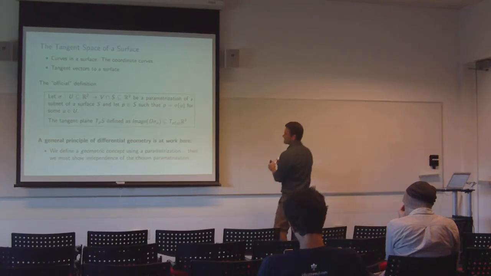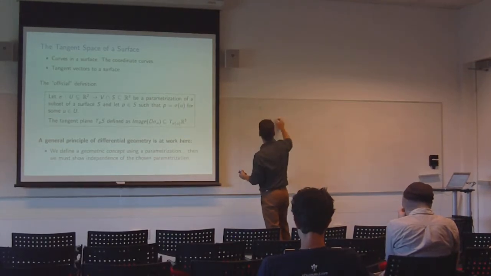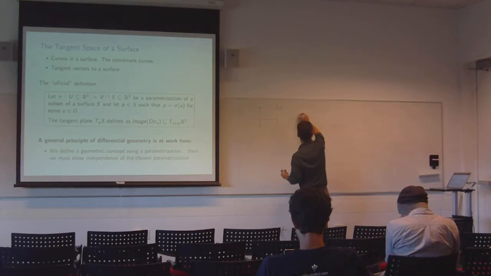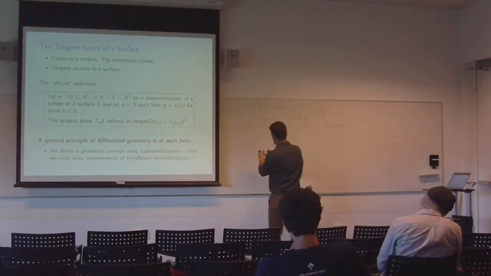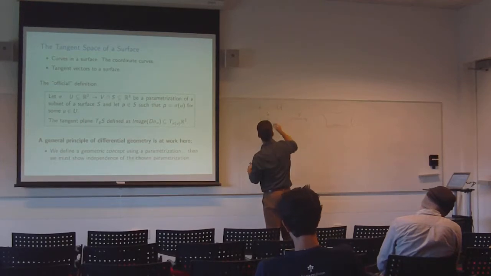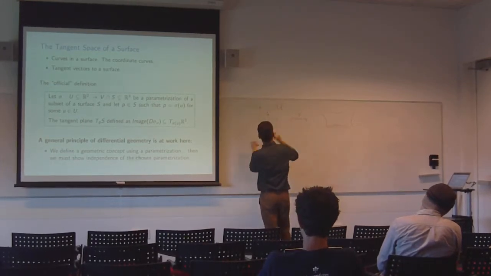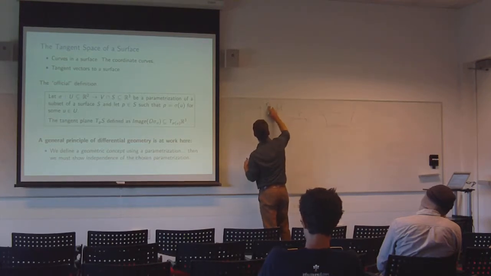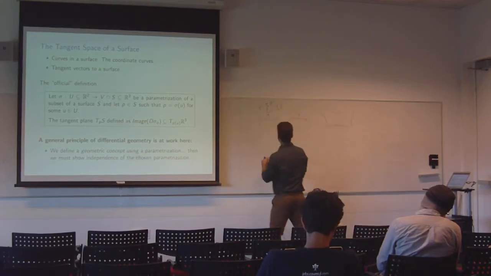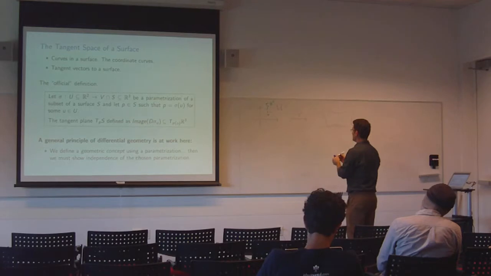The picture is, you have here the parameter plane, you have your parameterization, the picture I've drawn 1,000 times, and then you have a point u here, and then you have the tangent plane here. This is T little u of R2, all possible vectors sitting at u.